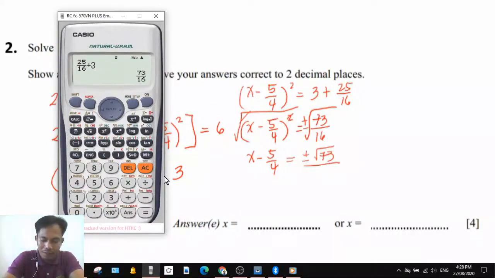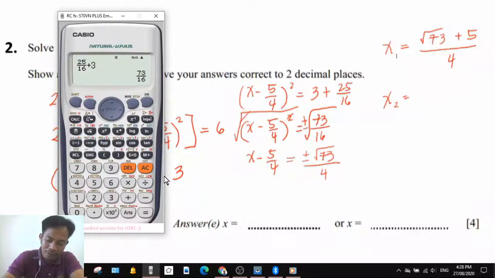It will become positive square root of 73, then plus 5 divided by 4. Solution number 2 is equivalent to negative square root of 73, then plus 5 over 4. I'll come up with the same answer.